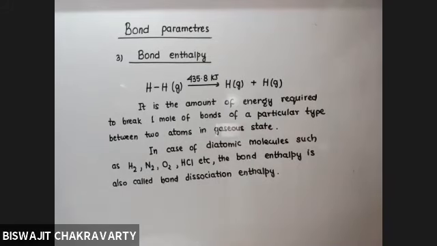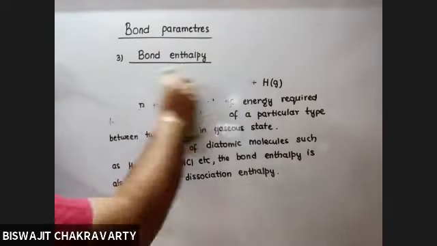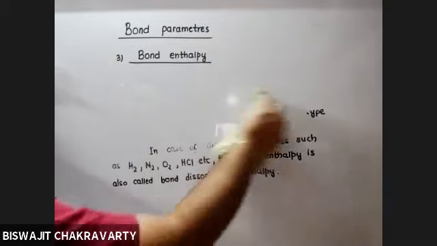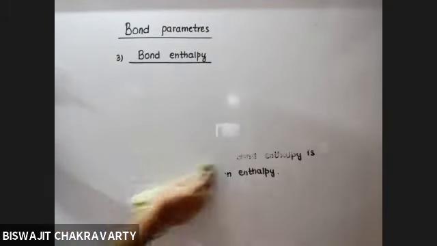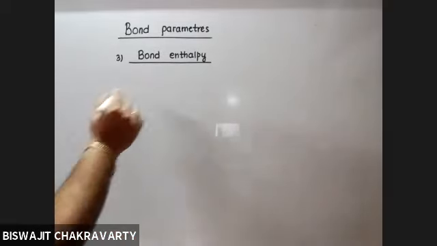Why is it so? And in those cases, what will happen? Let us see. Have you written down this much? Yes, sir. Now here, let us say that we consider methane. Suppose we take the case of methane.